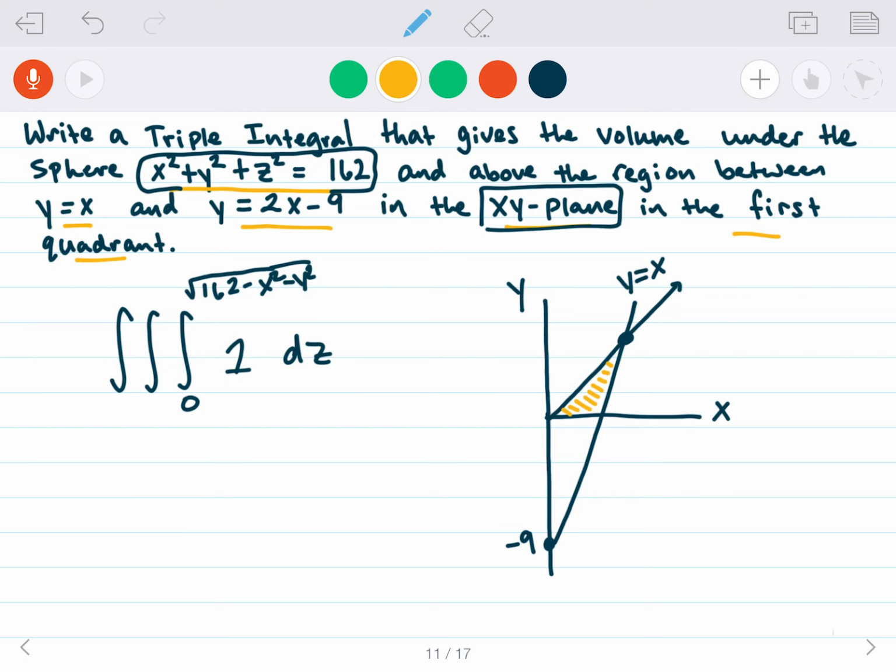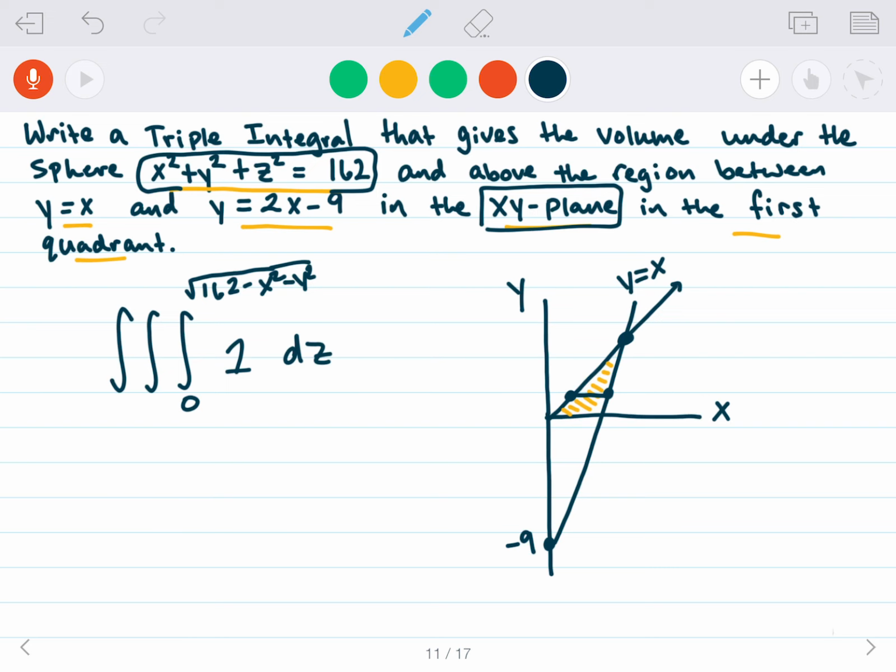Okay, so let's figure out what our x and our y values are going to be. Well, in the x direction, if I start here at the leftmost, I'm bounded by this line right here.